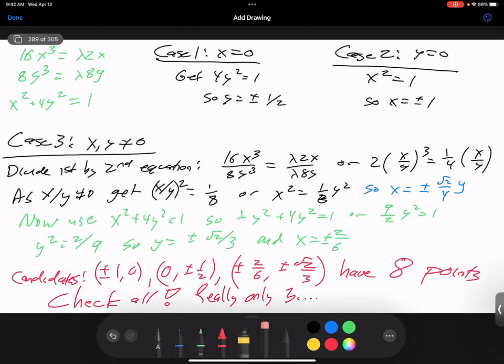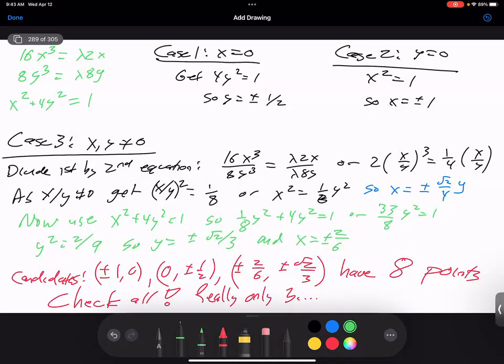So this changes it a little bit. So it's 1/8 y squared plus 4y squared. So now it's going to be 8 times 4 is 32 plus 1 is 33 eighths. Is that right?